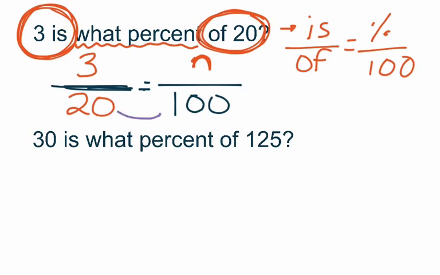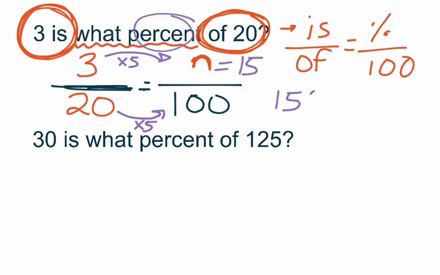We just so happen to be able to do this one horizontally because 20 times 5 makes 100. So 3 times 5 is 15. So 3 is what percent of 20? Since it's asking what percent, our final answer would be 15%.